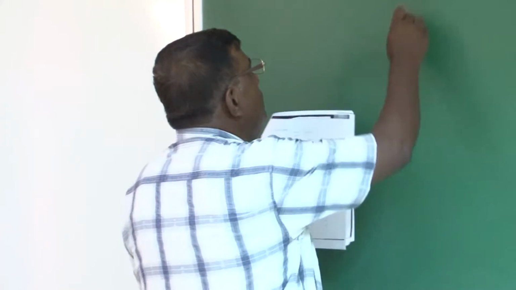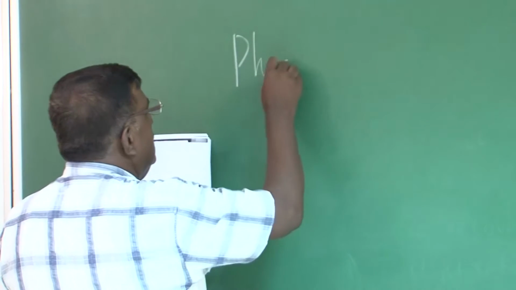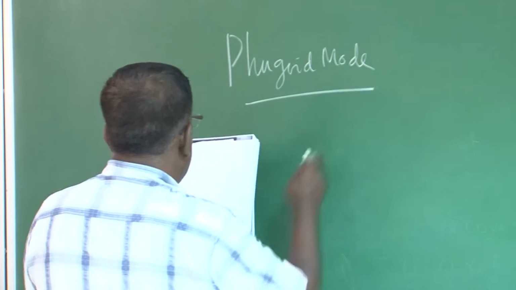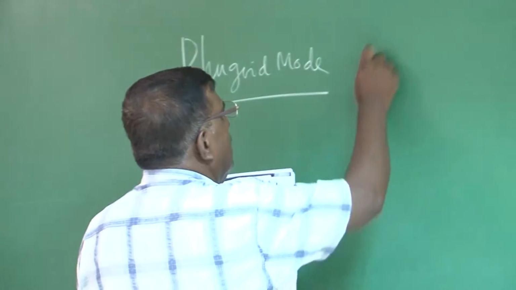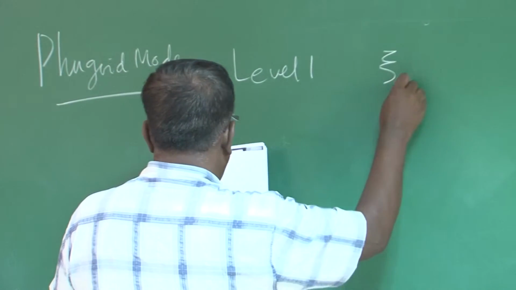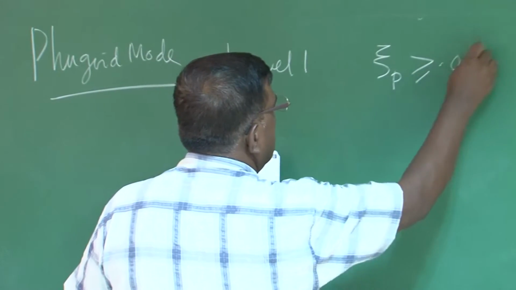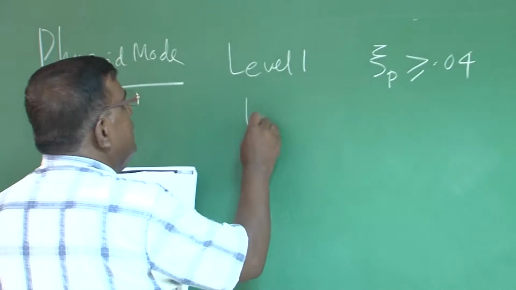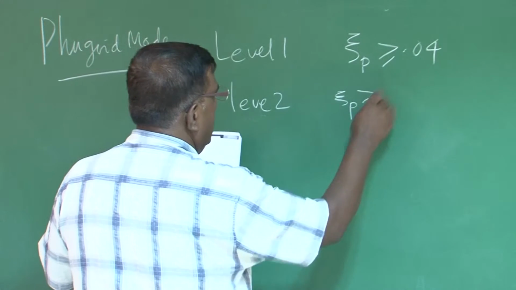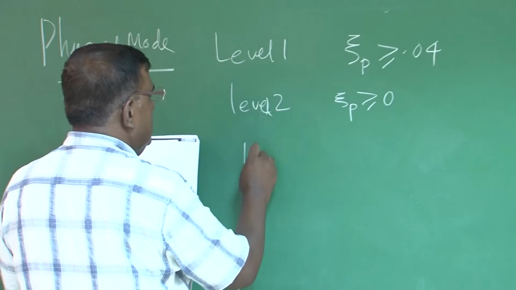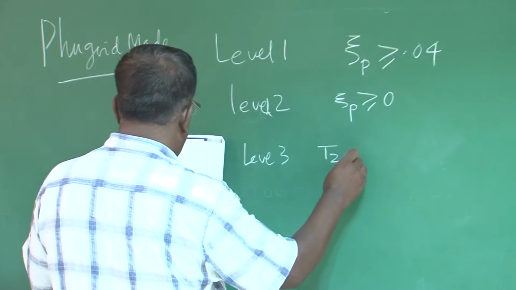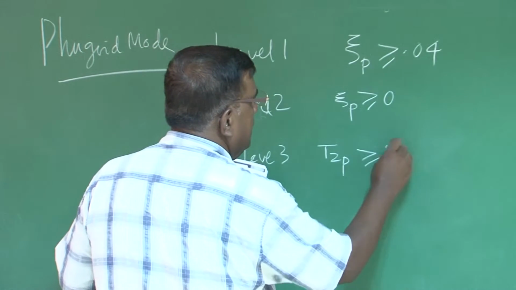If I take Phugoid mode, the requirement is for level 1 qualities. For level 1, you have to ensure that zeta Phugoid is greater than or equal to 0.04. For level 2, it should be zeta p greater than or equal to 0, and level 3, time to double for Phugoid is greater than 55 seconds.